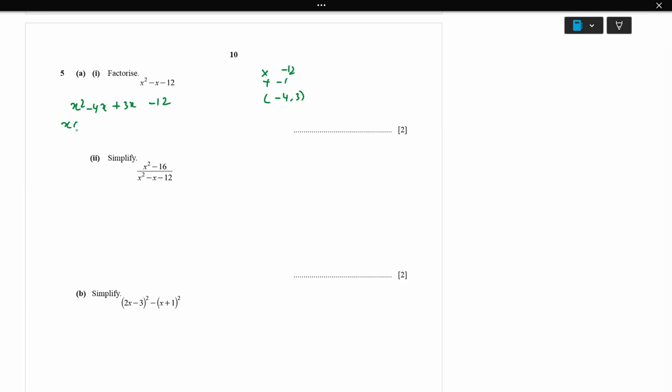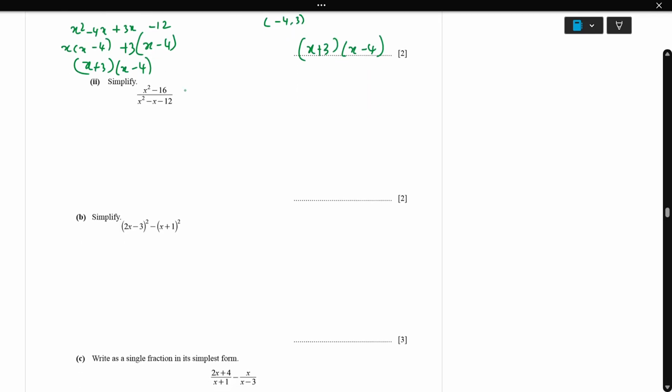Here x is common, so x minus 4, and I'll write x minus 4, which is plus 3. So x plus 3 and x minus 4 are the factors.